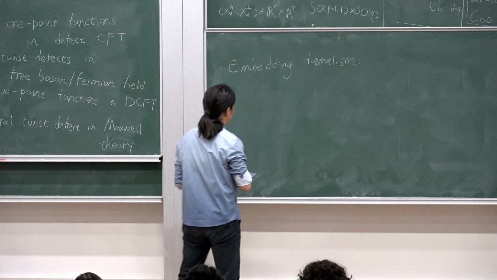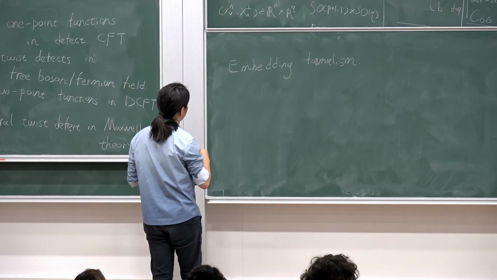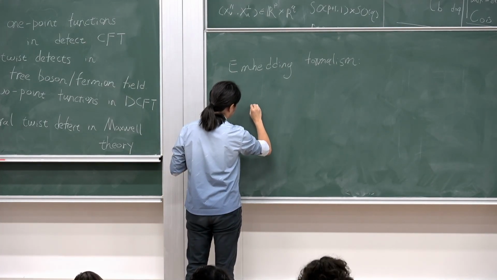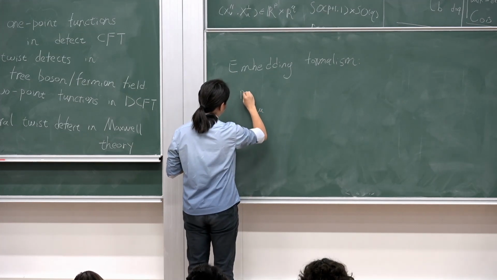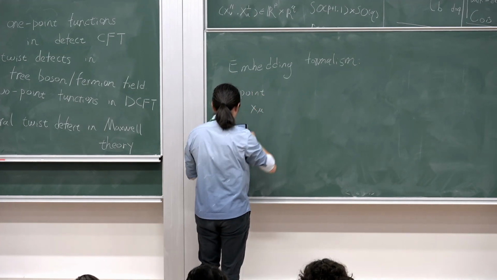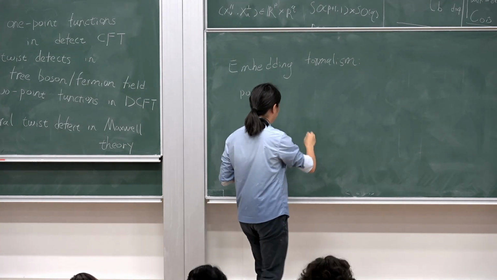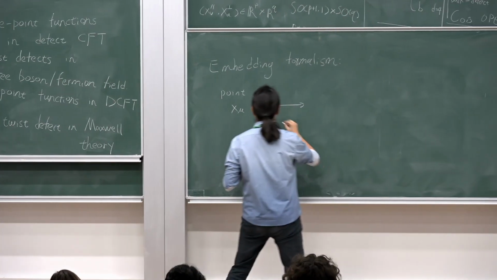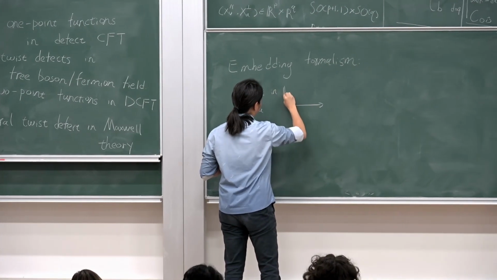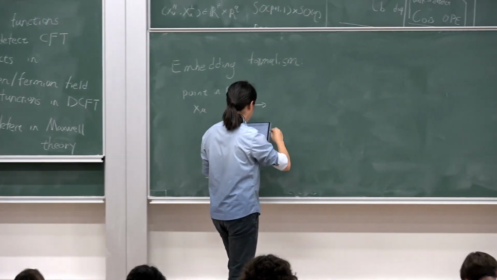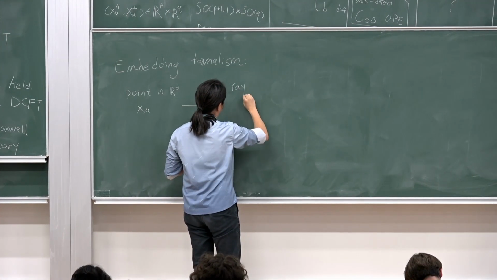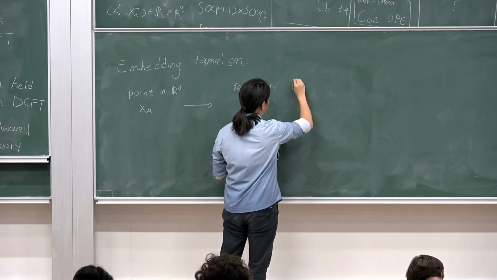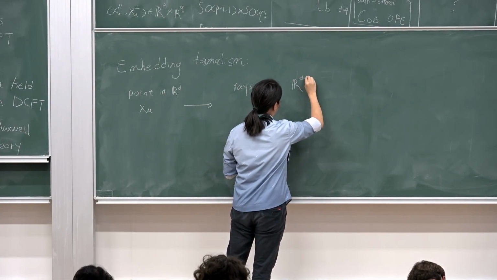The idea is to map a point in the real physical space, which is R^d, to an array of points in an embedded space. Now it becomes an array of points in a larger space-time, which is R^{d+1,1}.